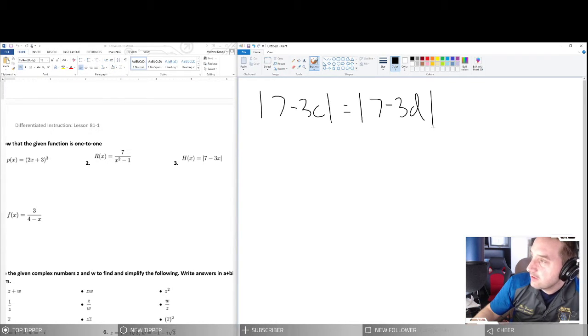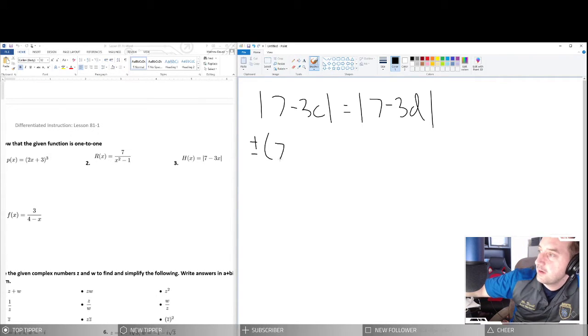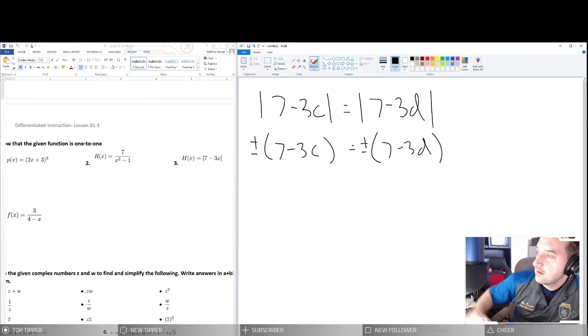To get rid of that absolute value, it actually becomes plus or minus 7 minus 3c equals plus or minus 7 minus 3d. Because remember, anything inside of the absolute value, you're going to get a positive or a negative. It's like all those different combinations. When you have an absolute value equaling an absolute value, we get either the positive equal a positive or the positive equal a negative, right?